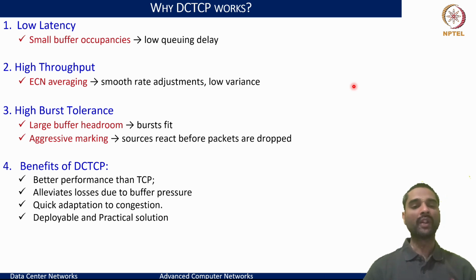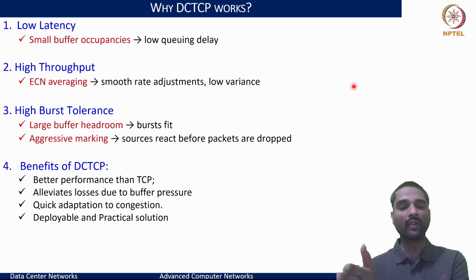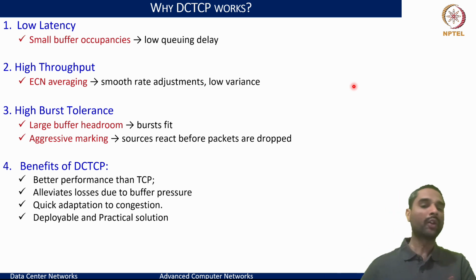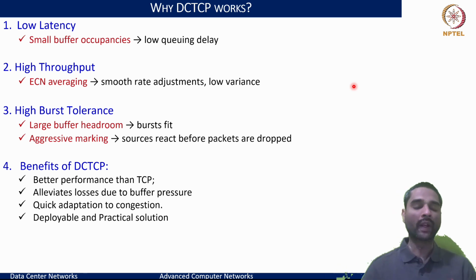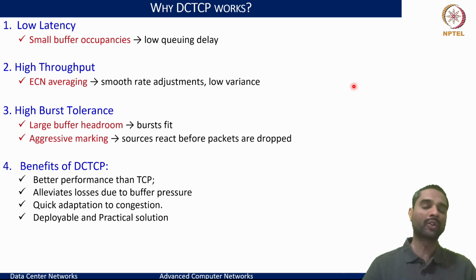So to summarize, the key benefits of DCTCP are better performance in terms of low latency and high throughput, and it alleviates the losses that can happen due to buffer pressure at a queue, at a switch, because we are now able to contain several of the microbursts. It also provides a means for end hosts to quickly adapt to congestion, reacting in a much more controlled fashion rather than the aggressive reduction of the congestion window.